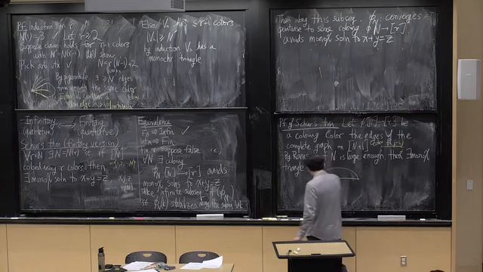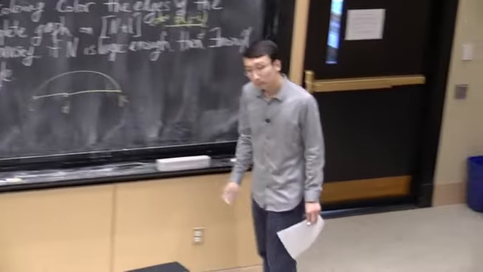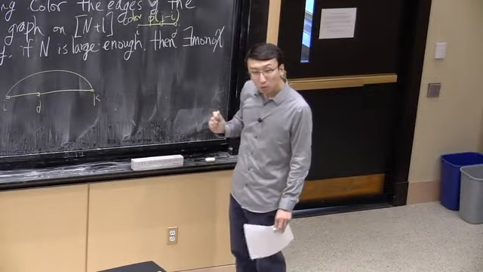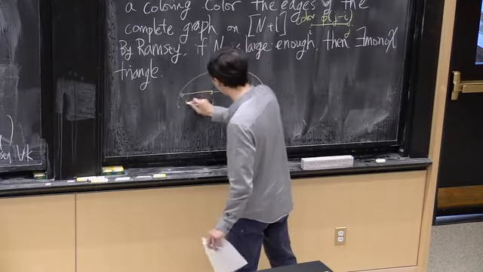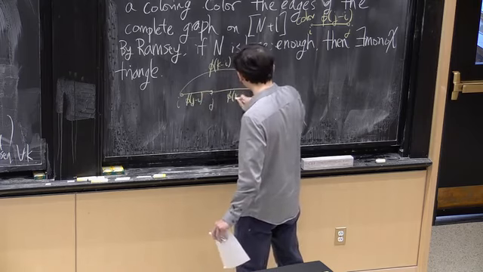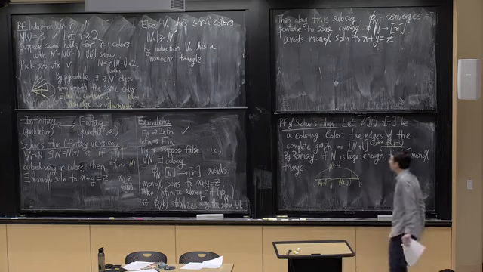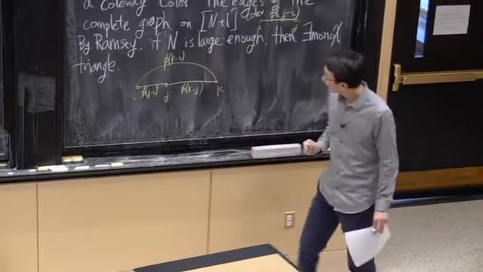The triangle sits on vertices i, j, and k. And the rule tells us that the colors are phi of k minus i, phi of j minus i, and phi of k minus j. Okay? So these three numbers have the same color.